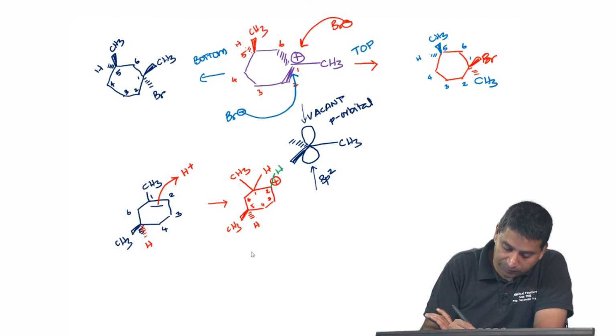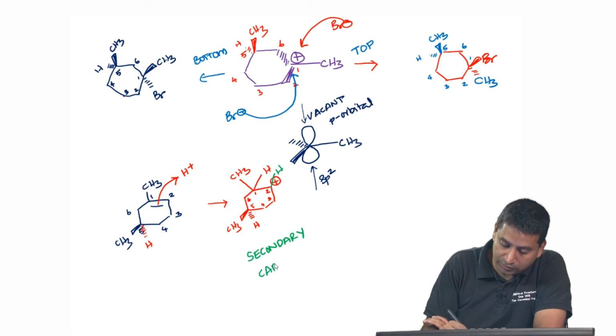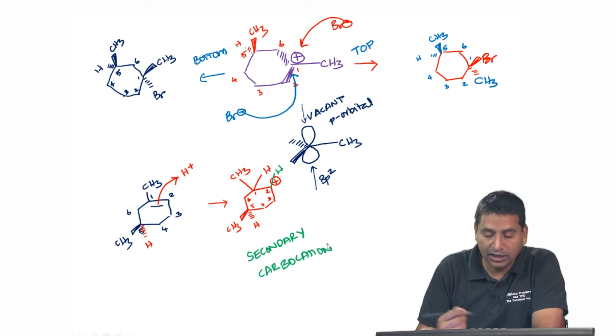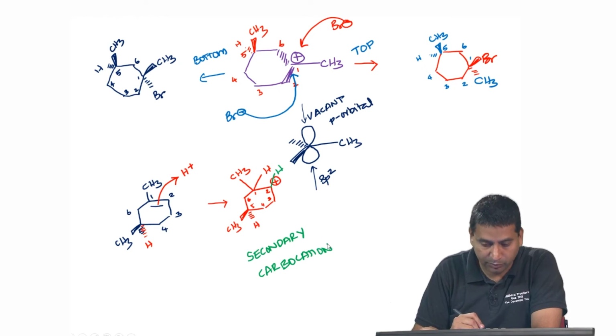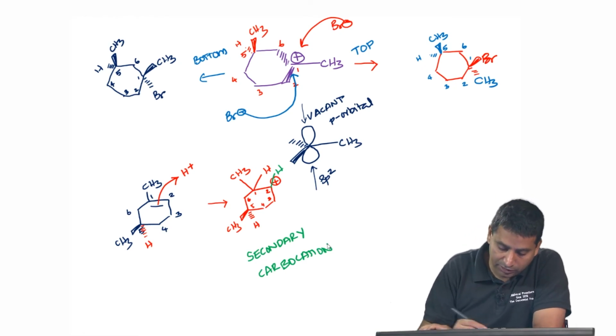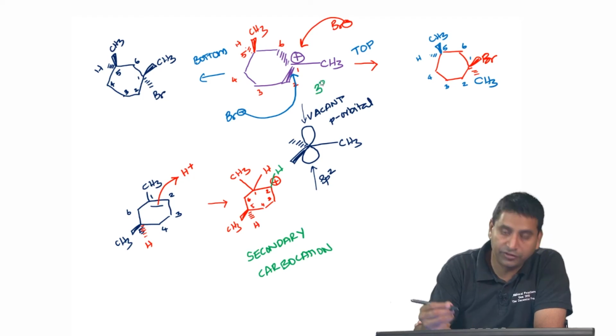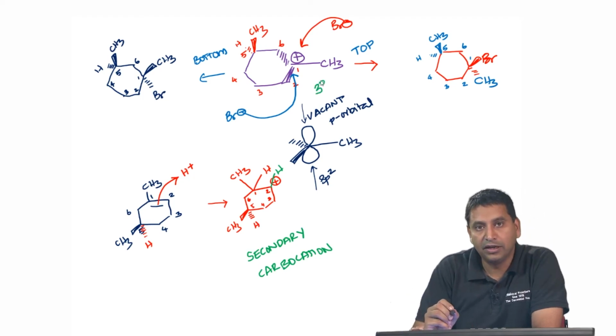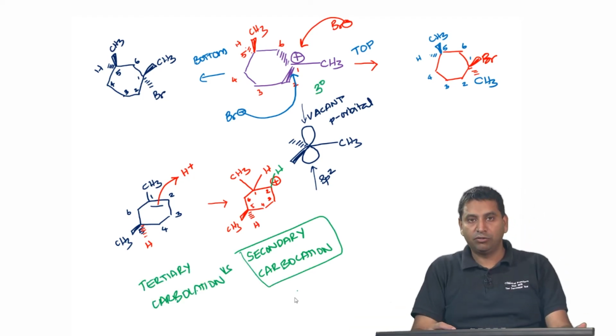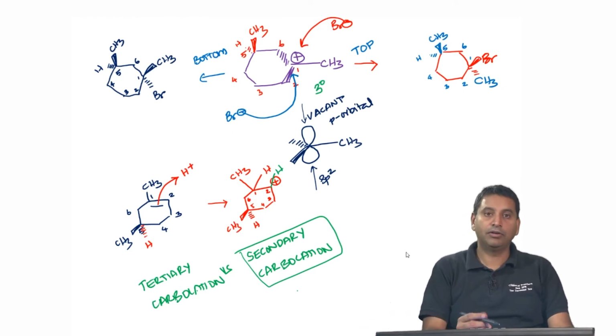So, this would be a secondary carbocation, and in the previous example or the top carbocation, we actually get a tertiary carbocation, right. So, as we would expect, this is a secondary carbocation, whereas here we have a tertiary carbocation.